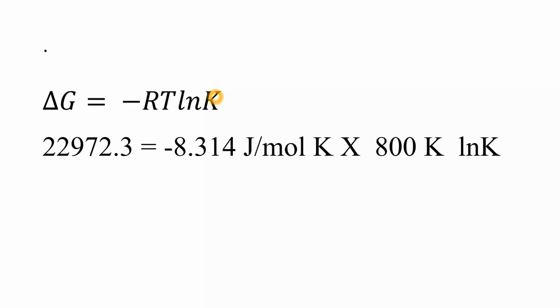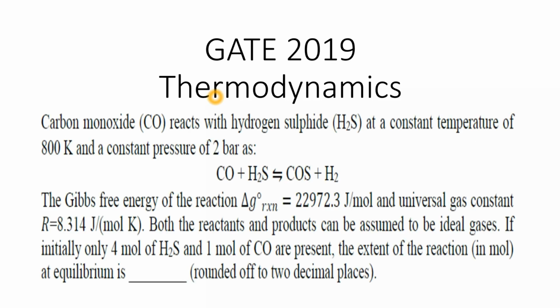You can see here we have 4 moles H2S and 1 mole CO, right? 4 plus 1 is the total moles, 5 moles, minus, remember this, here we write extent of reaction also. But how can we write it?